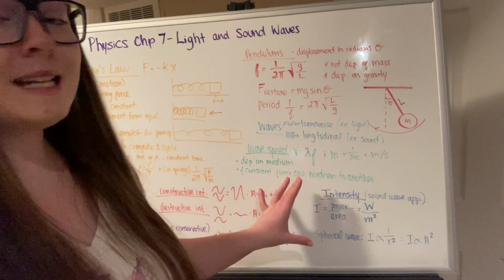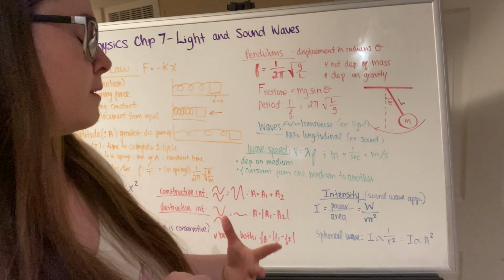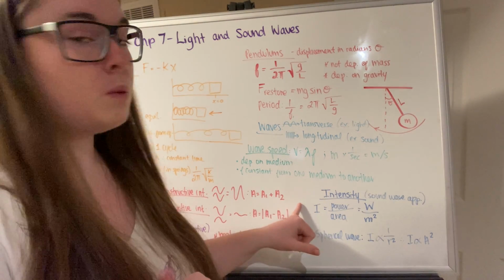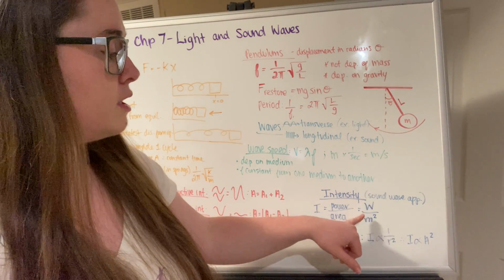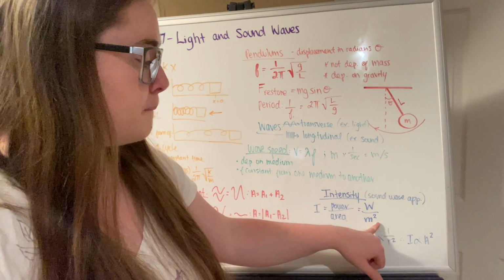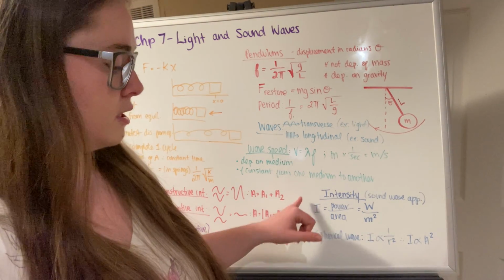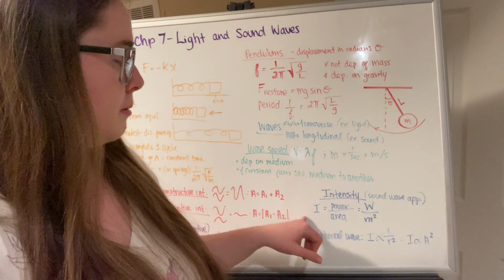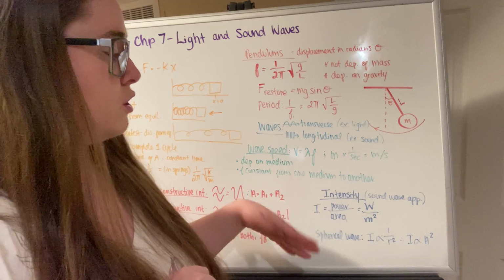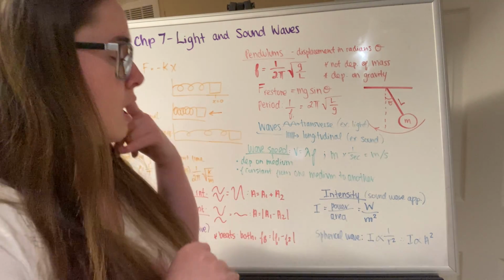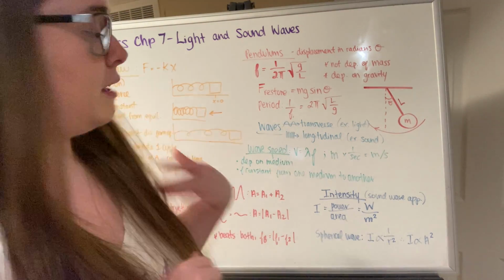Next, we have intensity. So this is a good application for sound waves. We have the intensity equals power over area, which is equal to watts over meters squared. And I believe we have a couple of examples coming up, but the equation is important, and to know that this is an application of sound waves, as well as its power over area, in case they just give you those two things.